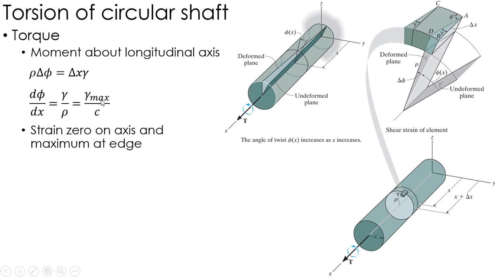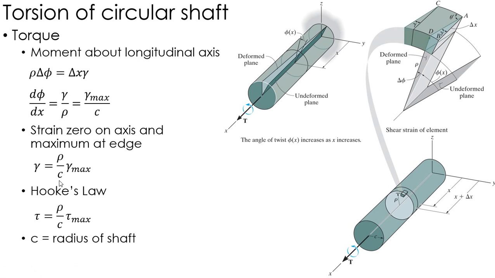Of course we're most concerned with the maximum strain, at the furthest distance away. We're calling that c, which is the radius of the shaft. Taking that equation, I can set my shear strain to rho over c times gamma max. Again, rho is an arbitrary radial distance, c is the maximum distance, or the radius of the shaft itself.